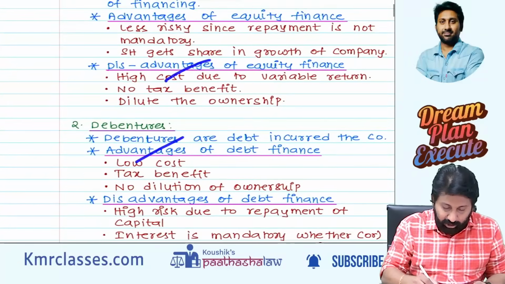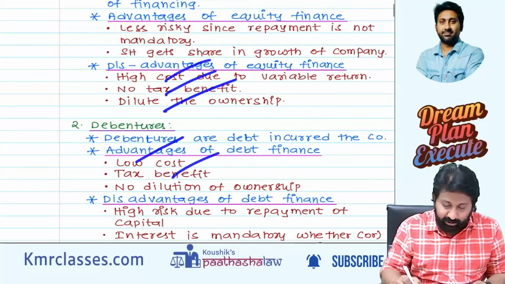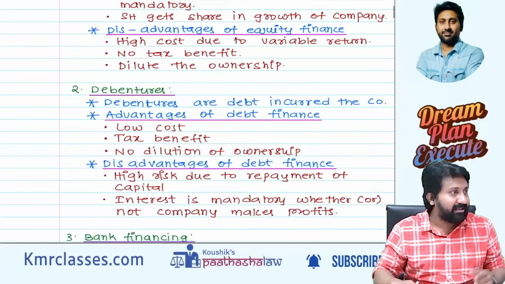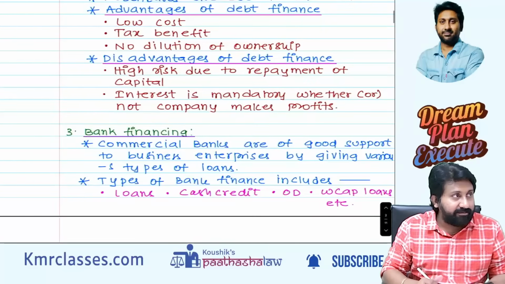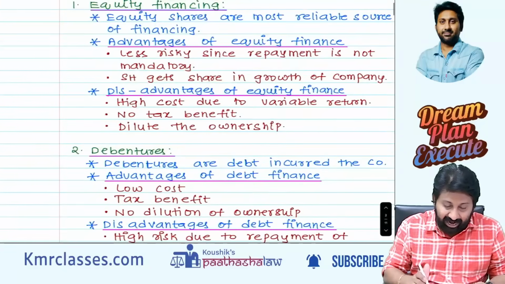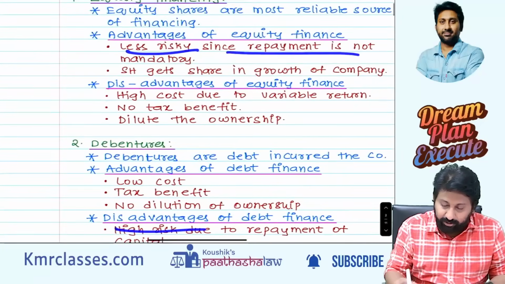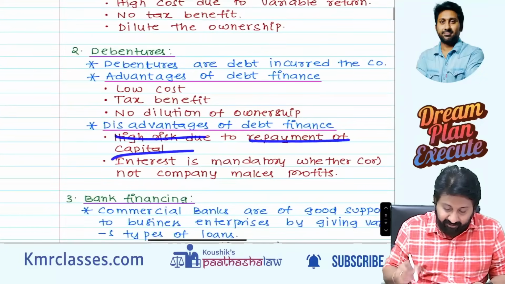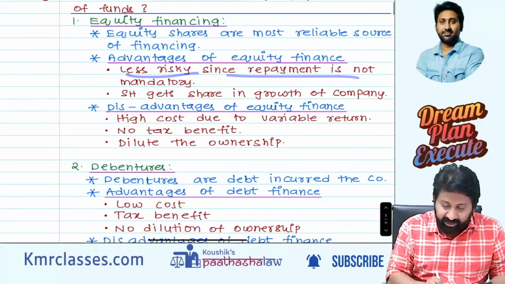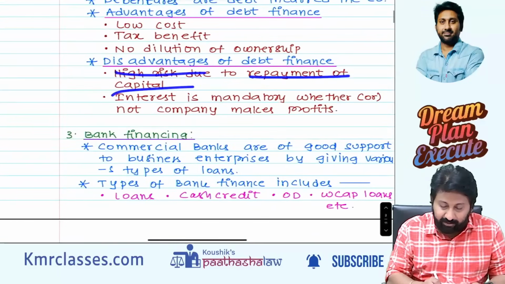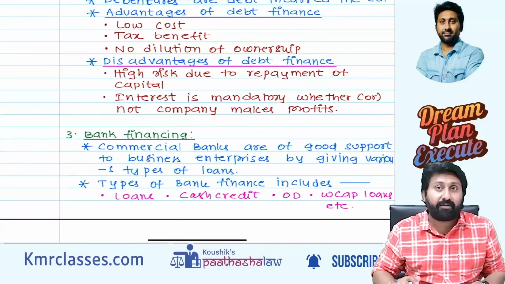High cost to low cost, no tax benefit to tax benefit, dilution to no dilution. That's all. Easy. Disadvantages of debt finance: less risky becomes high risk. Repayment is not mandatory becomes repayment of capital is mandatory. Shareholders get growth, here growth will not come, and interest is mandatory whether profits are there to the company or not.